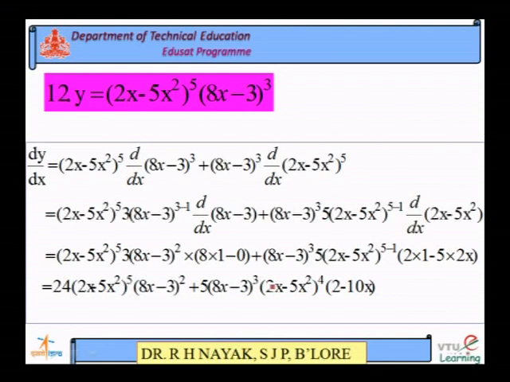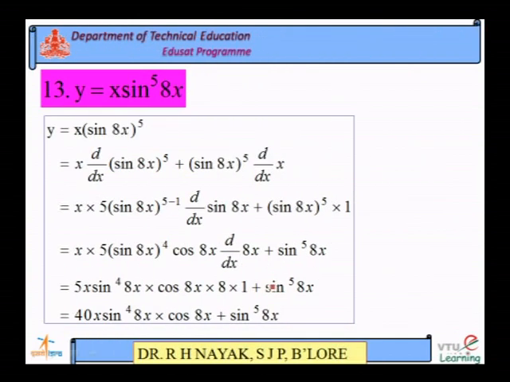Again it is u into v, both u and v are of function to the power of n. This one is function into another function: x into sine to the power of 5 of 8x. Basically it is of the form u into v.